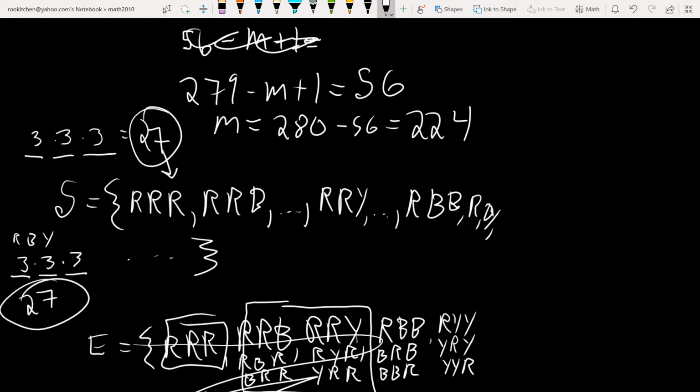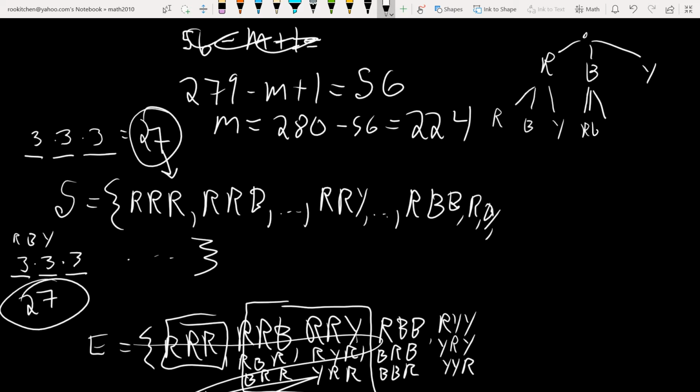Okay, so it's going to help with probability. And additionally, they're going to build your intuition with respect to this. So, for example, on your first roll, you either get a red, a blue, or a yellow, right? And then on your second roll, you'll get either a red, a blue, or a yellow. And that can happen for all three of these, right?